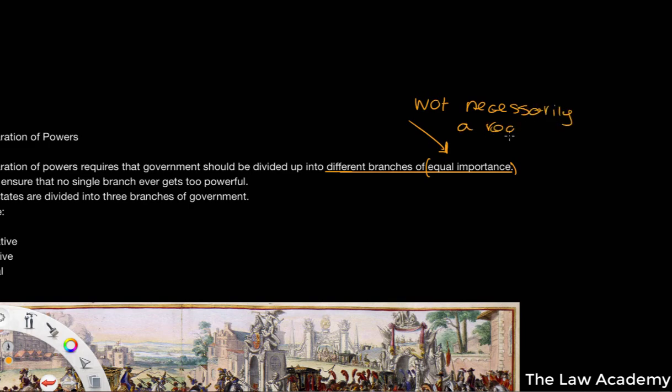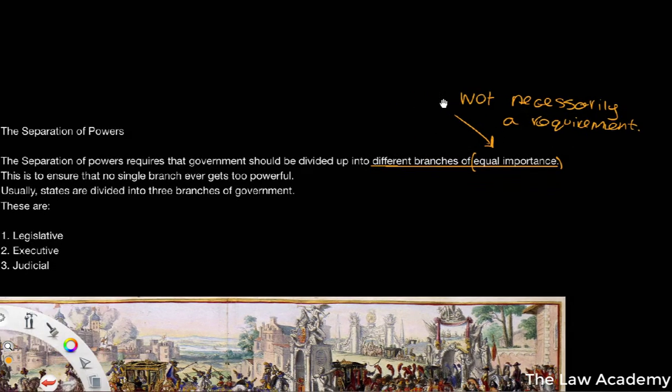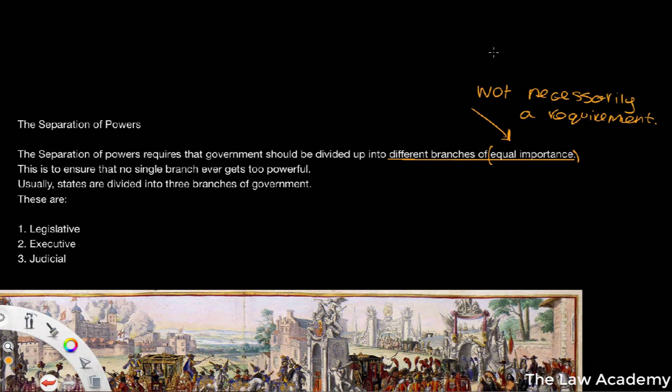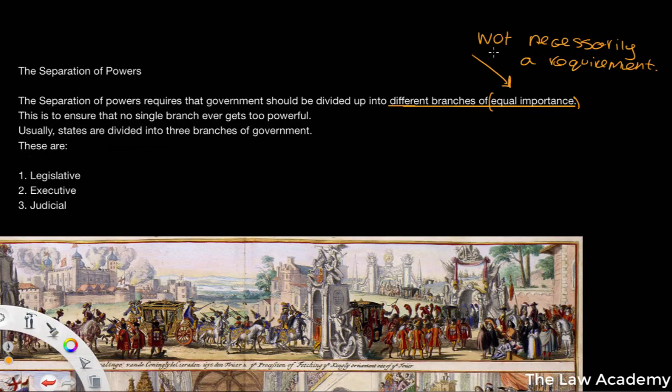And this is because of a number of reasons. Firstly, a separation of powers can exist in a situation where a constitution delineates different types of powers. These powers may be different in nature, but also weighted differently in terms of relative power.